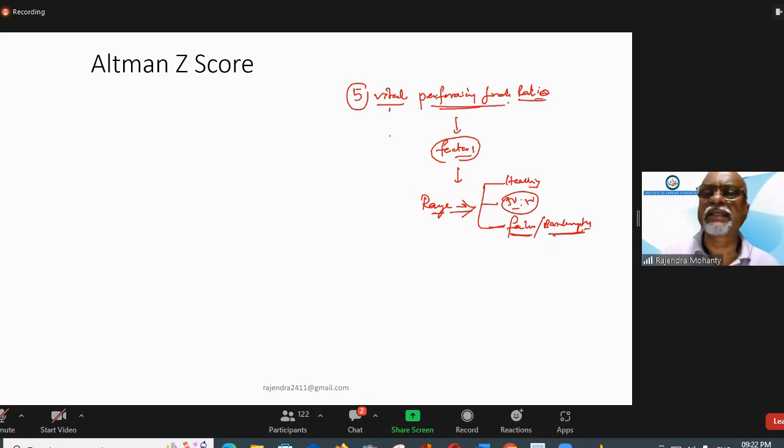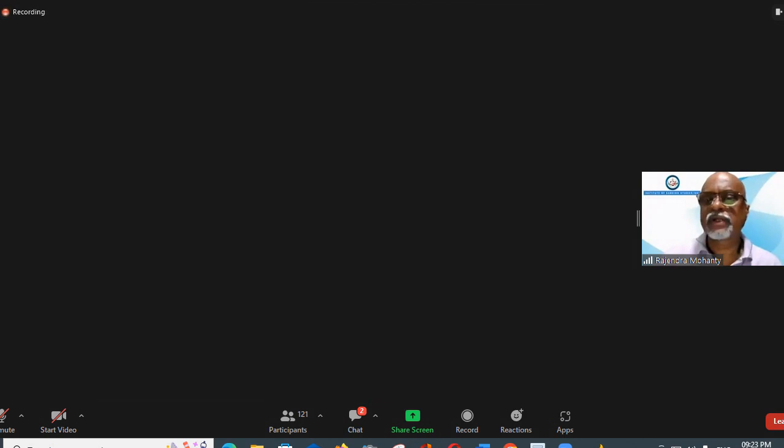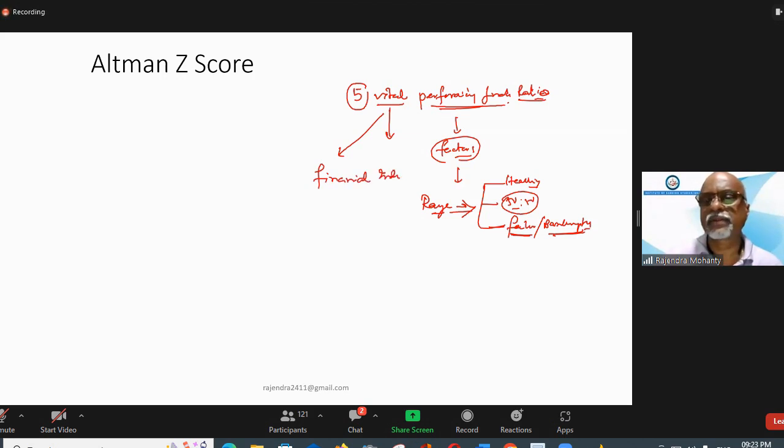When this ratio was taken for different types of companies, the result was quite forthcoming and quite promising. After a 20 or 30 year period, this type of score was also considered for financial industries, so in banks and financial institutions this can be used.